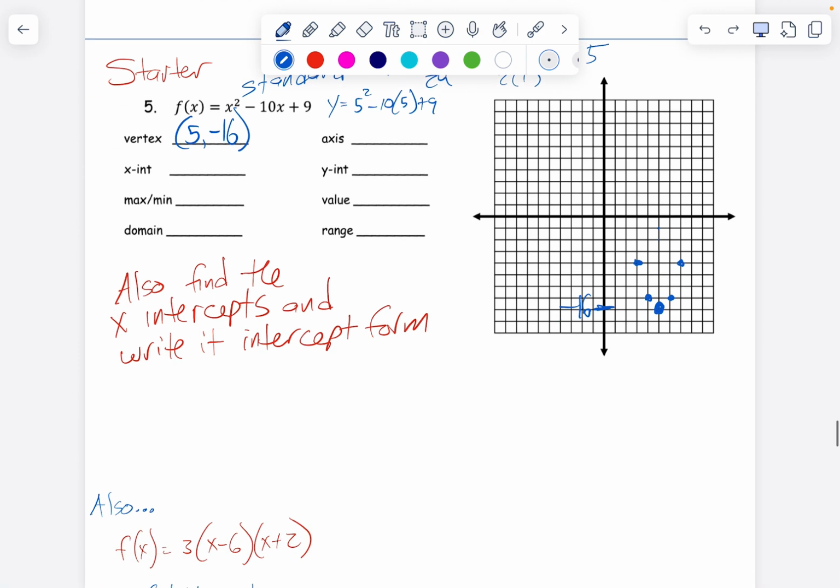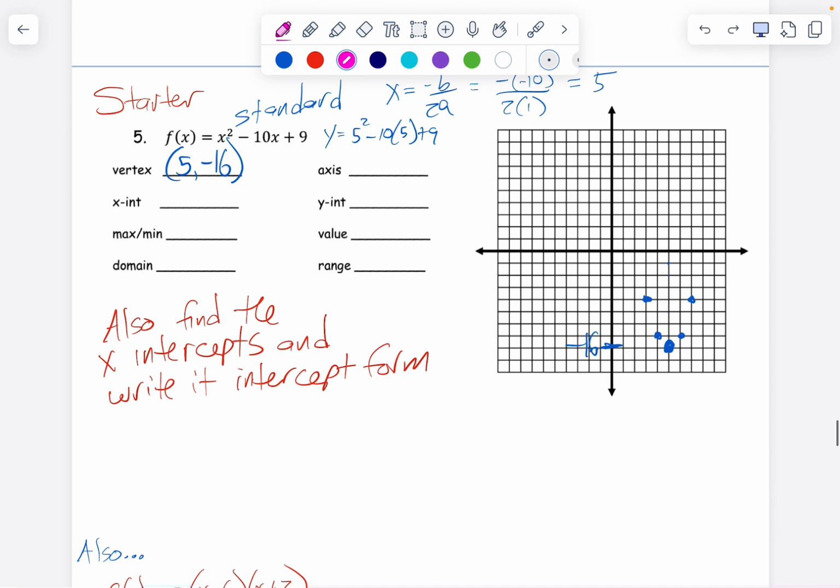So I'm going to do that next. I guess before that, let's do the axis of symmetry. Some of you lost points, or at least half a point it was, because you didn't write what on the axis of symmetry? X equals. And so this is a vertical line. Vertical lines are x equals some number.